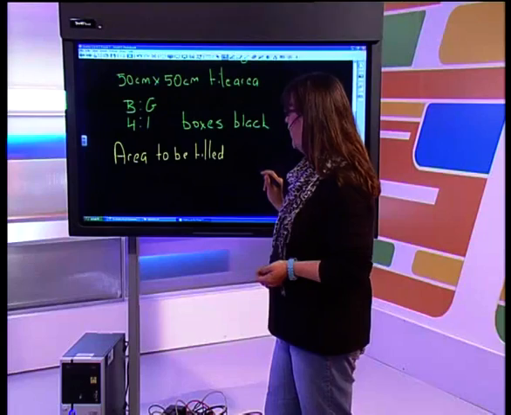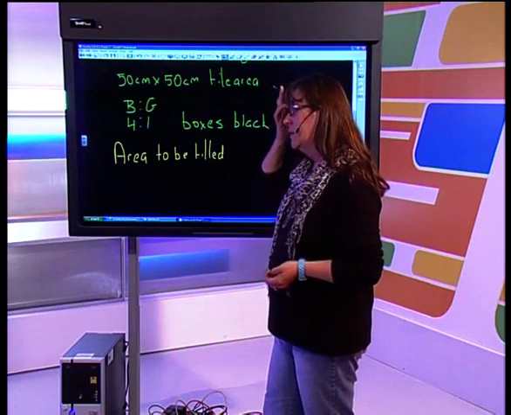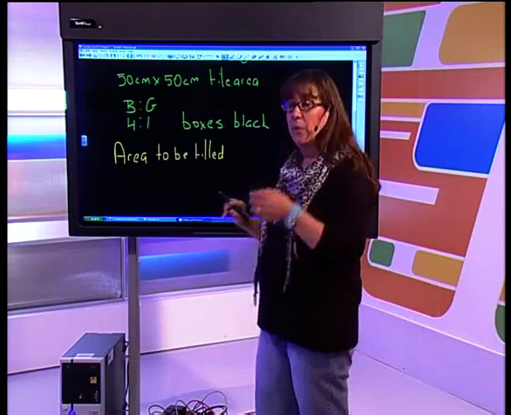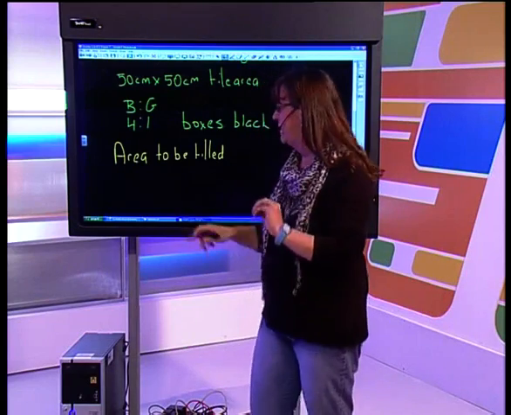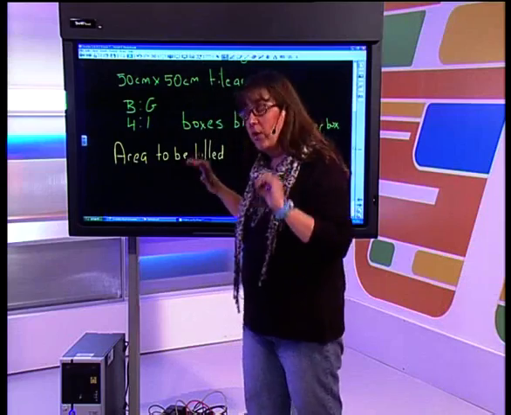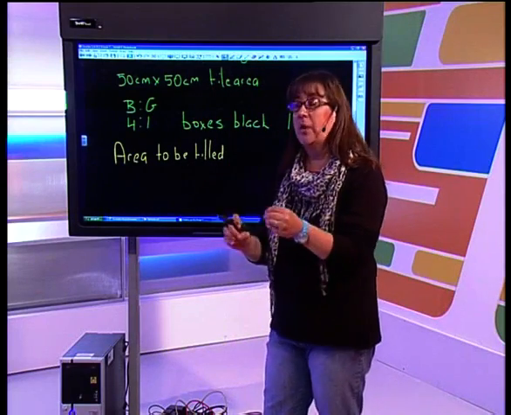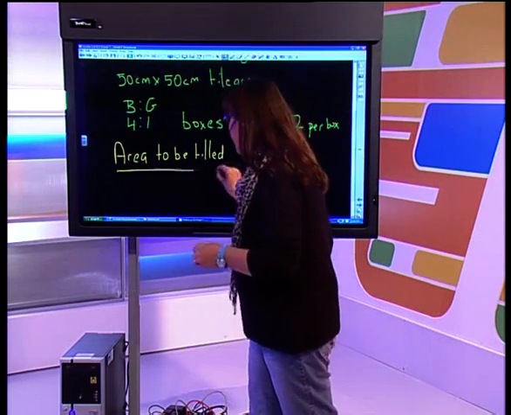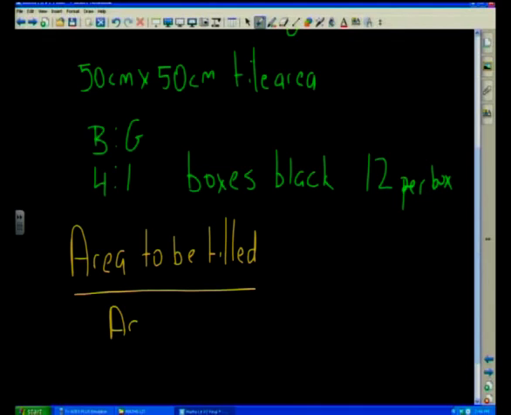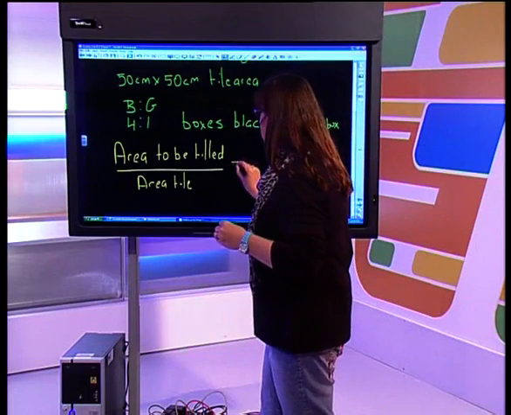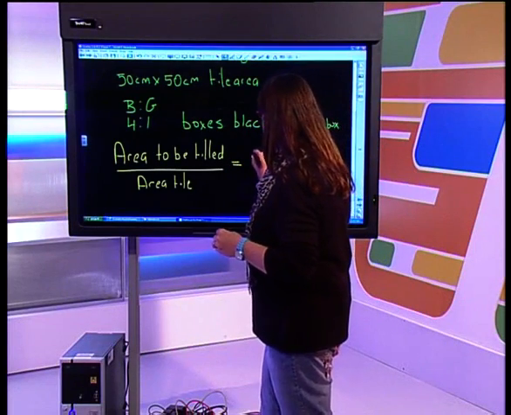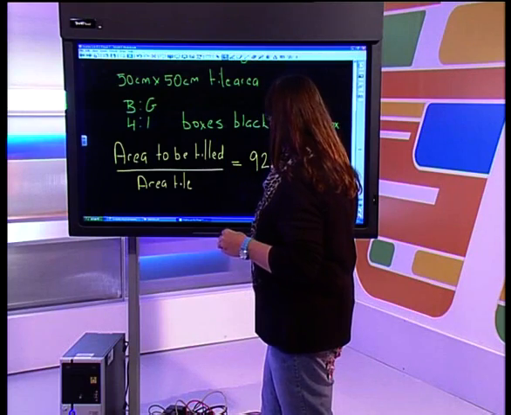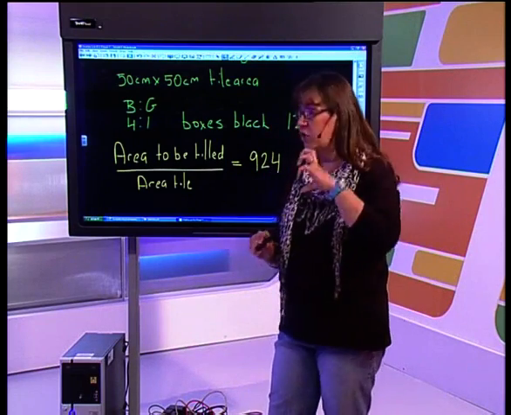We don't have the area to be tiled. Well, how you would have calculated the total number of tiles is you would have worked out the area to be tiled and the area of the tile, all in meters squared, and you would have got an answer. So our answer for the number of tiles was 924. So we need 924 tiles.